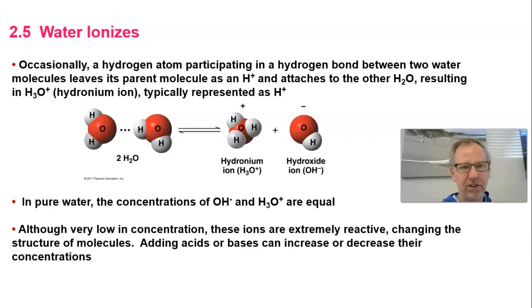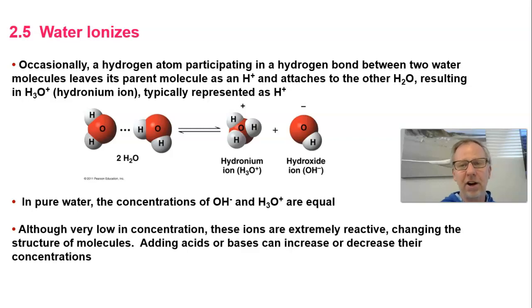Water ionizes. So, occasionally, a hydrogen atom that's participating in a hydrogen bond between two water molecules, take a look at the figure, leaves its parent water molecule, and it leaves as a hydrogen ion, which means that it leaves its electron behind and only the proton leaves.